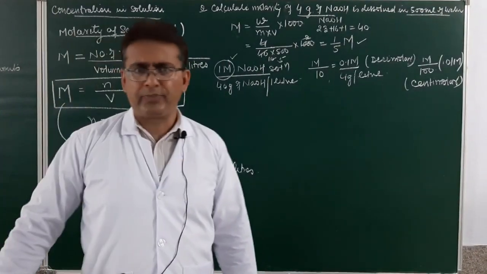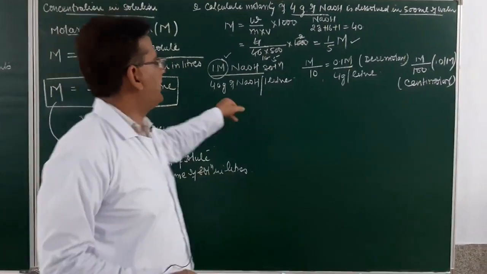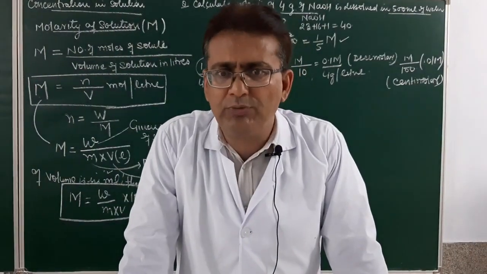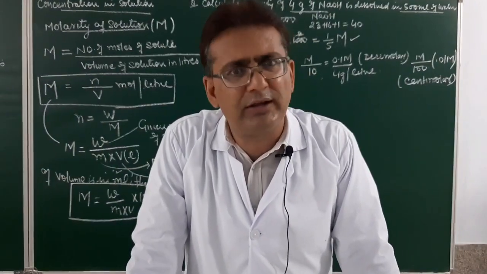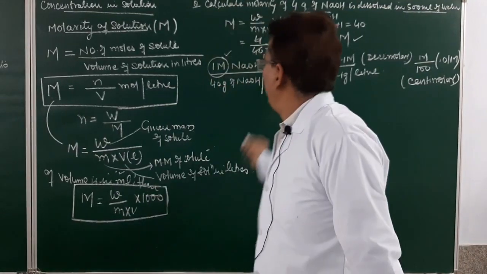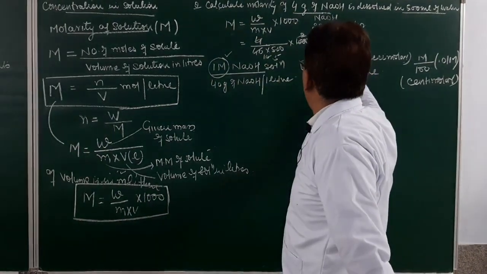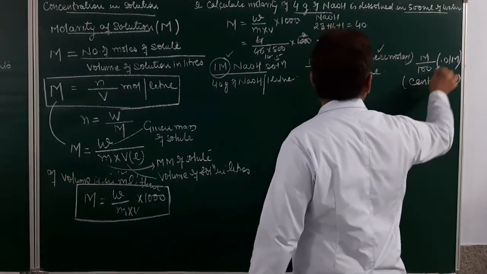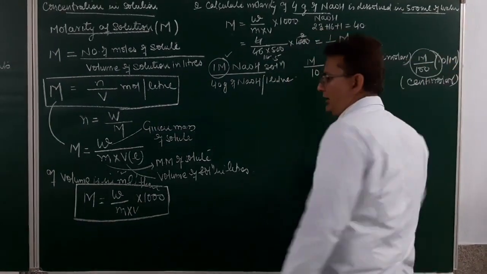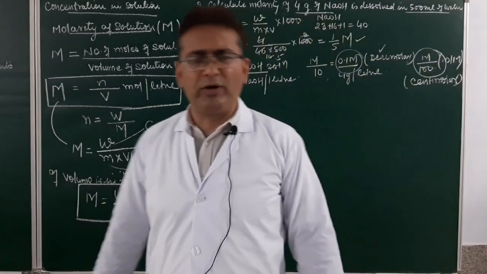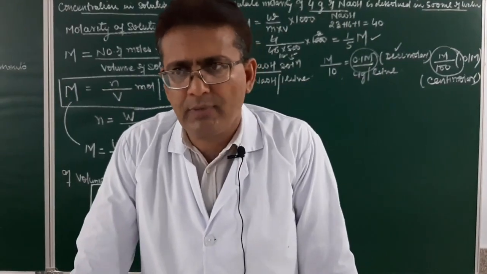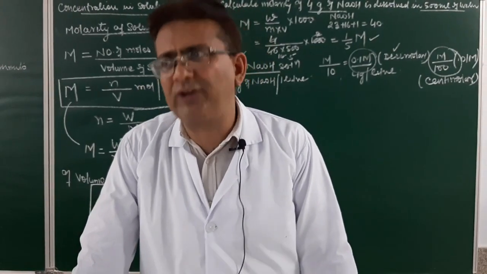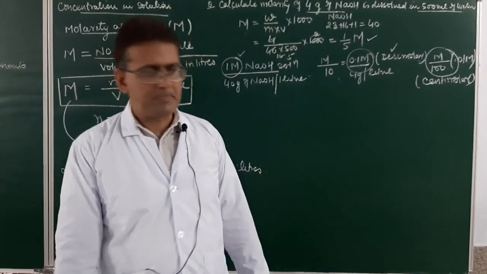Am I clear? If solution is written as 1 molar, it means gram molecular mass of that solute is present in the liter of the solution. If I say M by 10 molar, it means molarity is 0.1 molar. It is called as a decimolar solution. If I say M by 100, it means 0.01 molar solution and will be called as a centimolar solution. So first way of expressing the concentration is molarity.